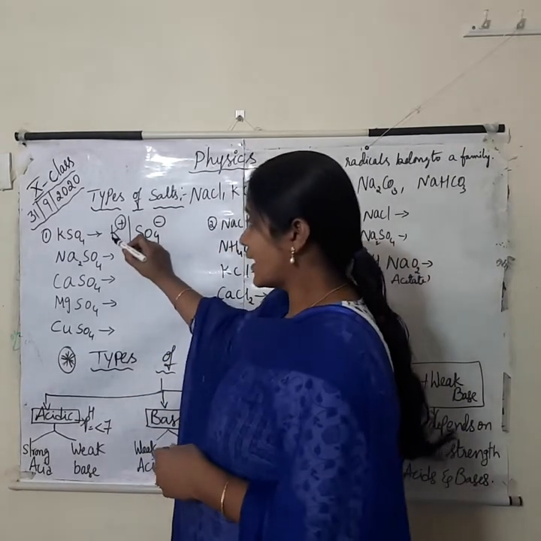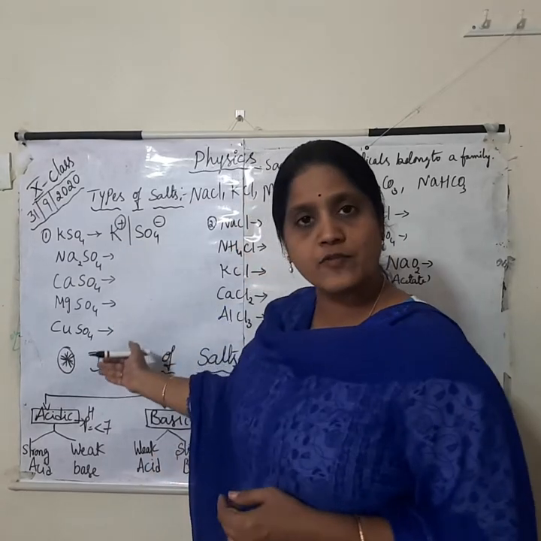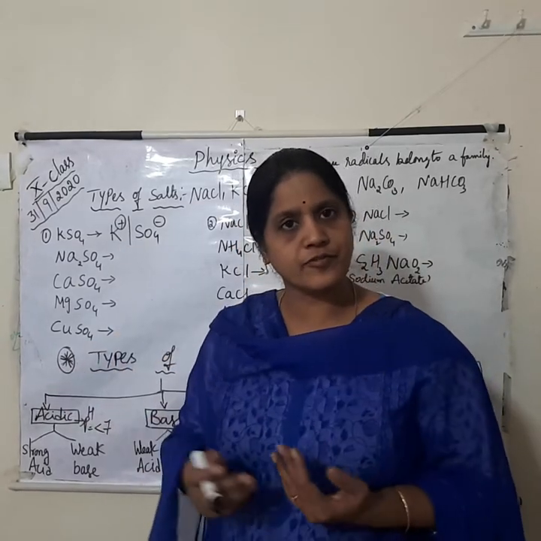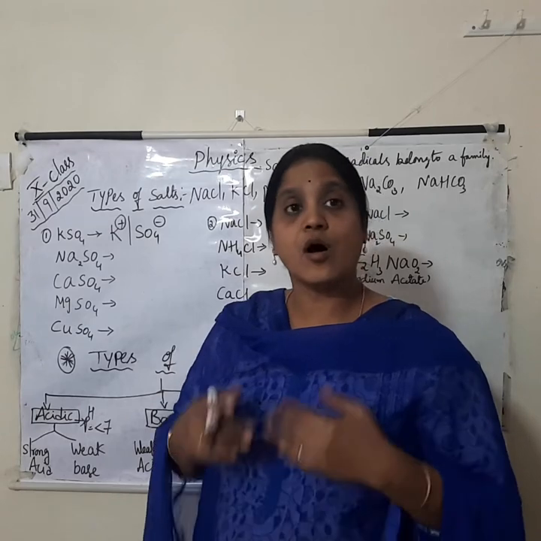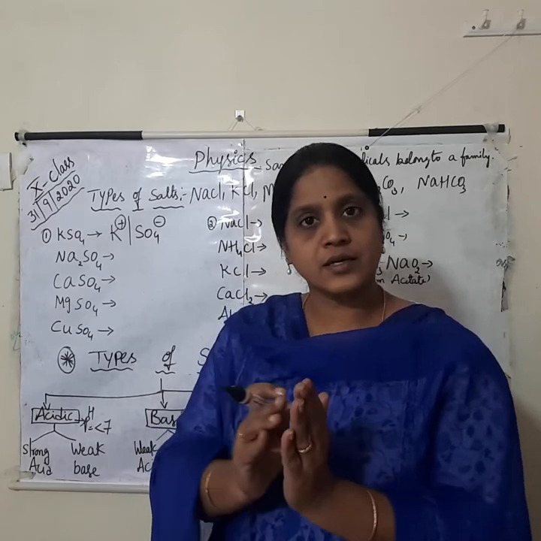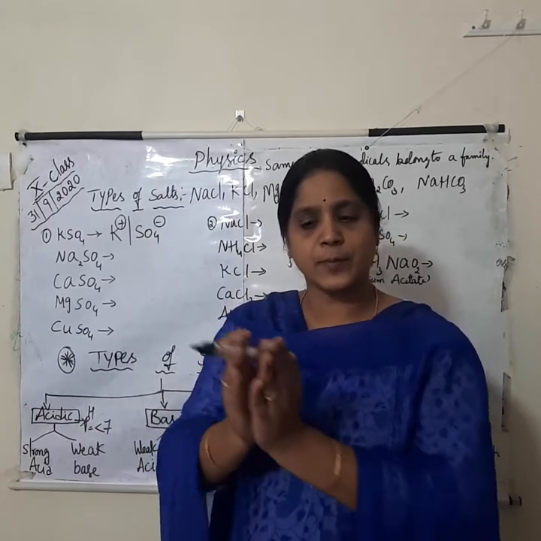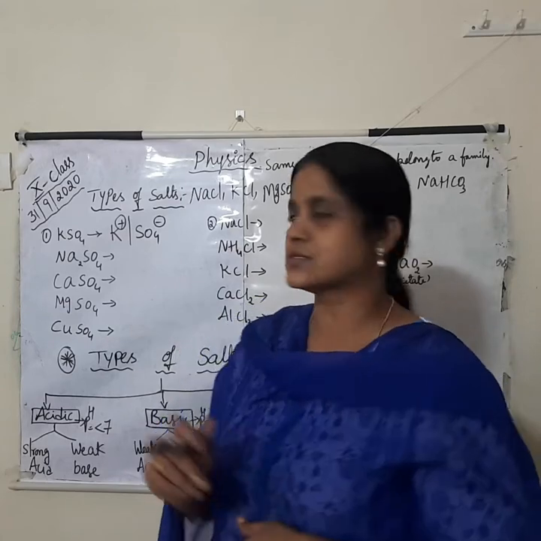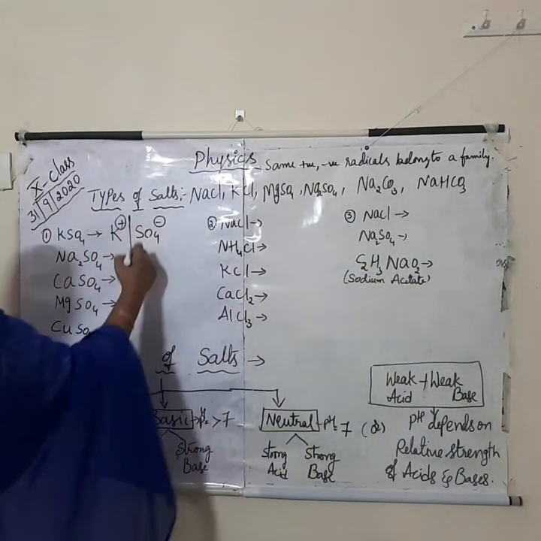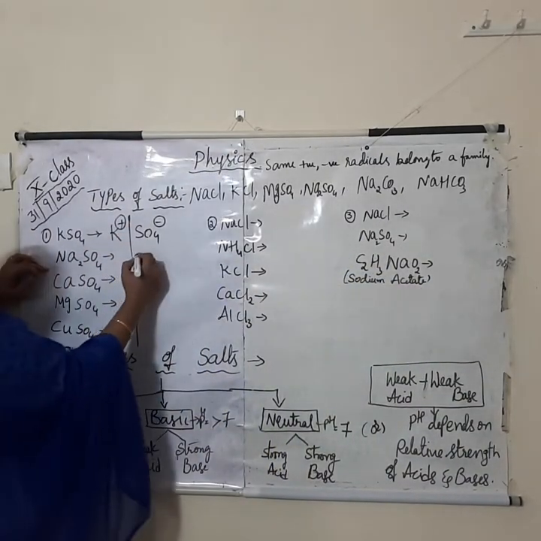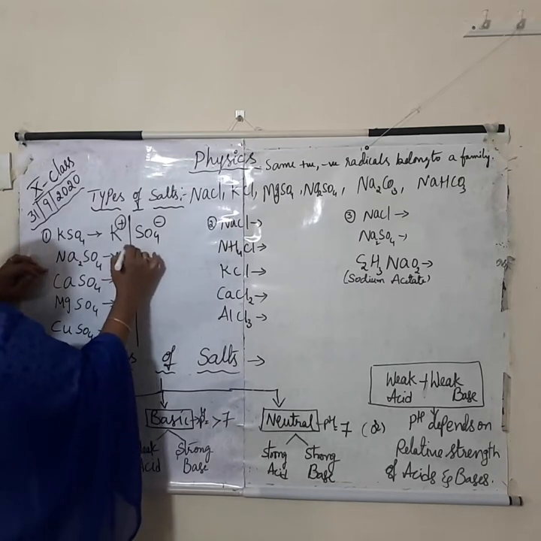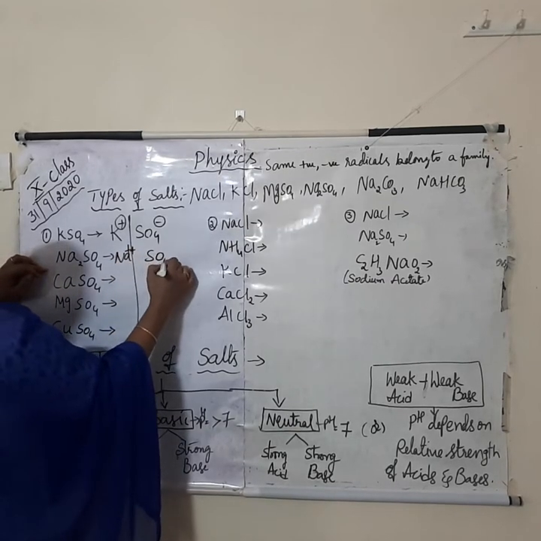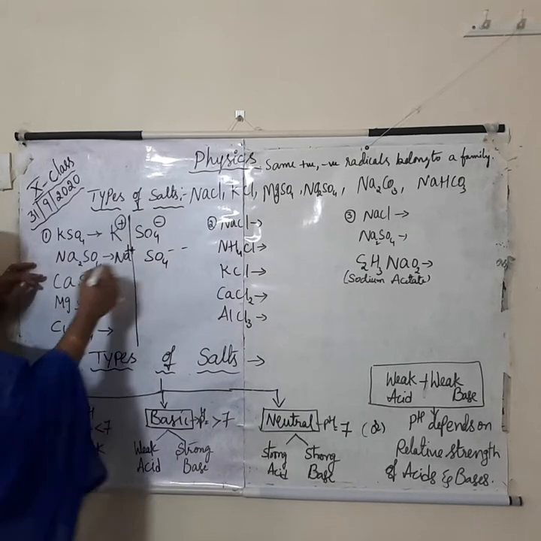Next, we split this group of salts. We have different groups of salts. How do we frame the different salts into a particular group? If you take sodium sulfate, you can split it into Na plus and SO4 minus.